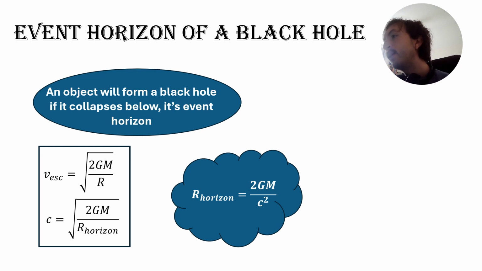Because we can see that the radius of the event horizon depends not only on the mass of the black hole, but on two constants. One, the universal gravitational constant, capital G, and that tells us about the strength of gravity. And then we have another constant, the speed of light.